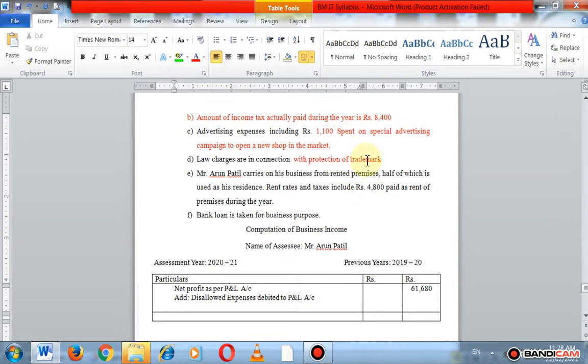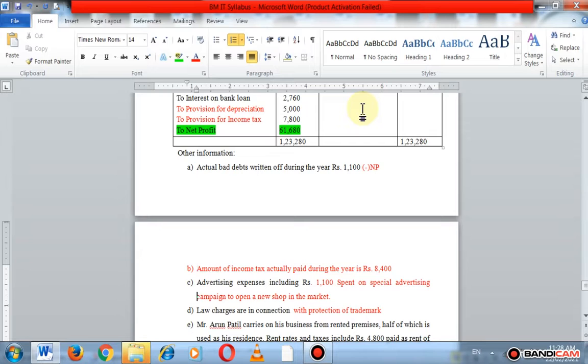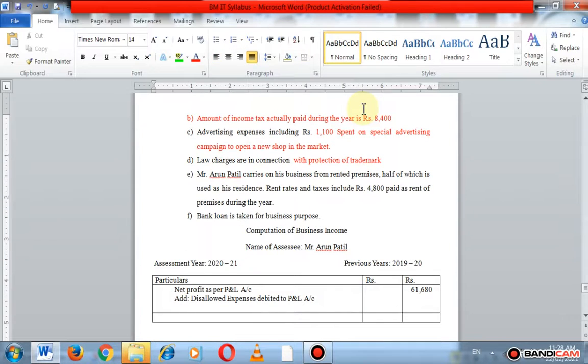Disallowable expenditure given in the problem, we add. The first adjustment is a business expenditure which is not recorded in the profit and loss account, so it is less from net profit. Then the amount of income tax is given for your confusion, so it should not be taken into consideration. Then C, 1,100 spent on special advertising is an establishment expenditure and this expenditure is disallowed.